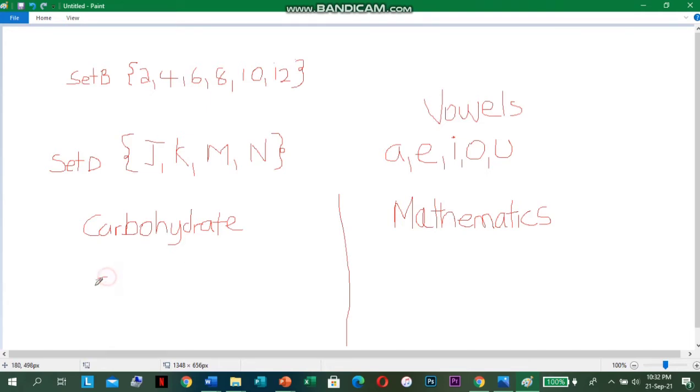I can write A, O, and I can write E. These are the vowels from carbohydrate.